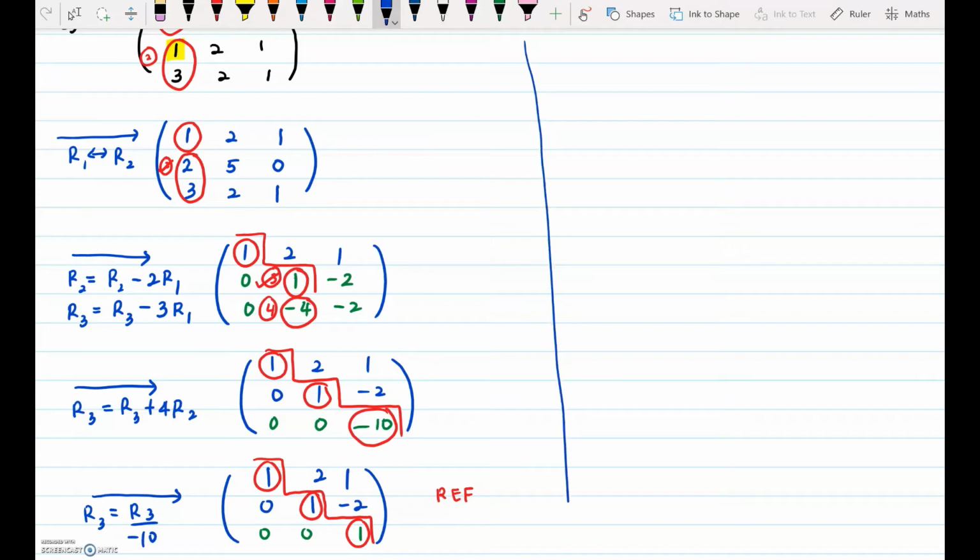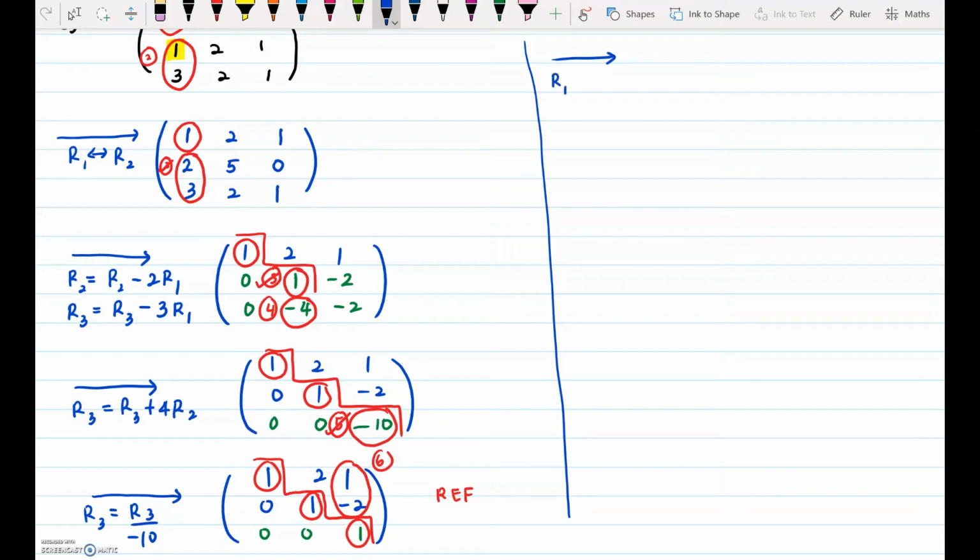Next step: above your leading one must be 0. So we will continue with step number 6, since step number 5 we have done.